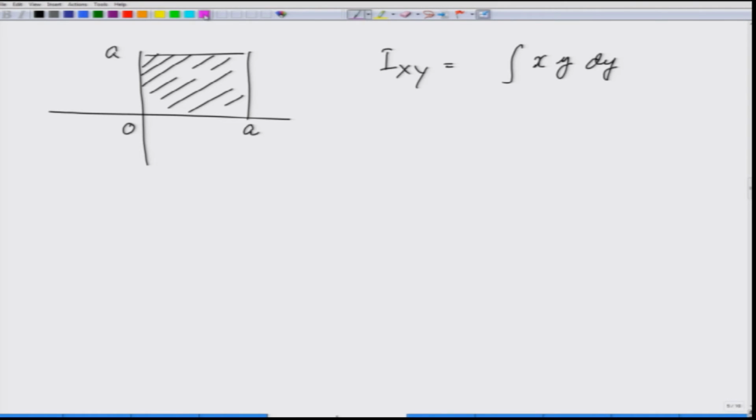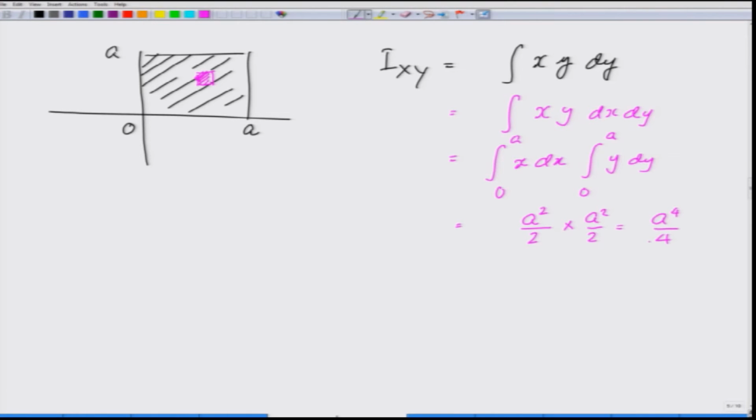So, if I take this small area out here, this is integral x y dx dy, which I can write as integral x dx 0 to a times integral 0 to a y dy, which comes out to be a square over 2 times a square over 2, which is a raised to 4 over 4.